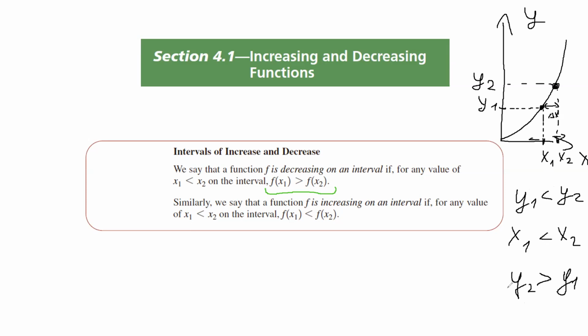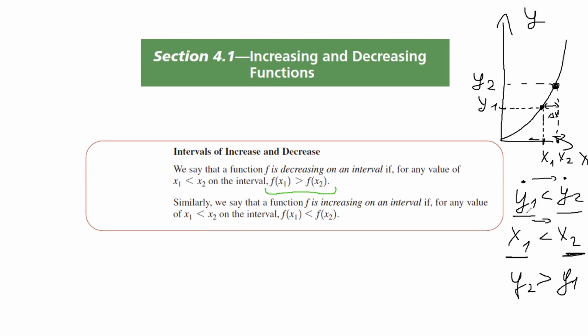So another pattern that we see here is that our function is increasing when moving from the first point to the second one, in this direction, because y2 is greater than y1. We know the direction from this symbol. If x2 is less than x1, it means we're going to the left, basically.